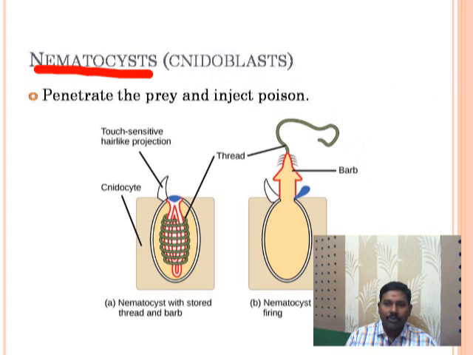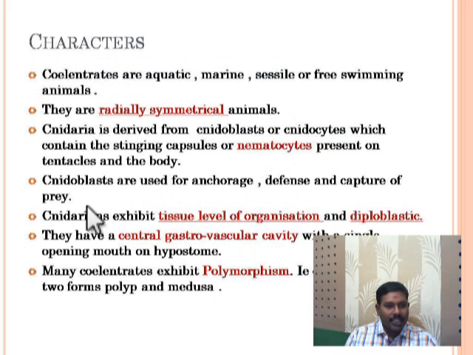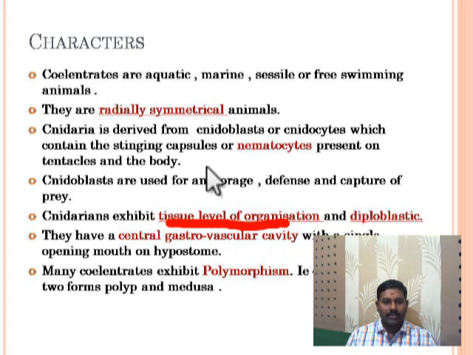Okay, now we will see the general characters. Here cnidoblast is used for defense as well as capture of prey and anchorage. Now these organisms enter the next level of organization, that is the tissue level of organization.